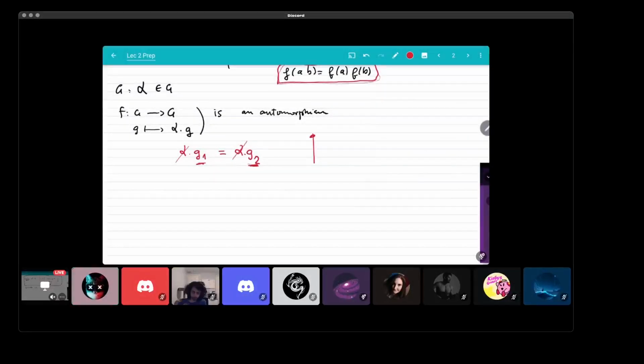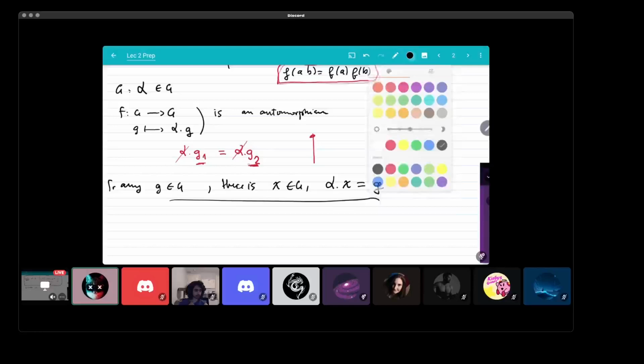And also, for it to be a bijection, we need that all elements have pre-images. For any g there is x in G such that alpha times x equals g. This is true, and so it's a bijection.